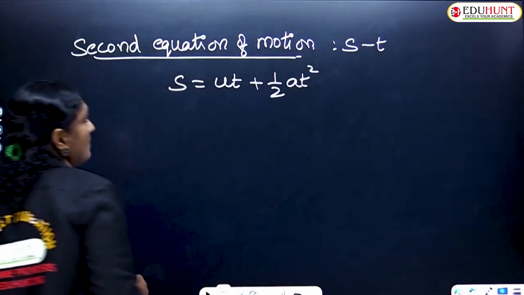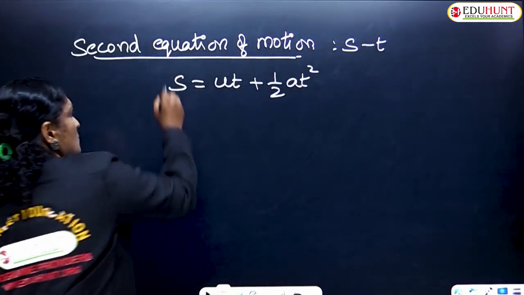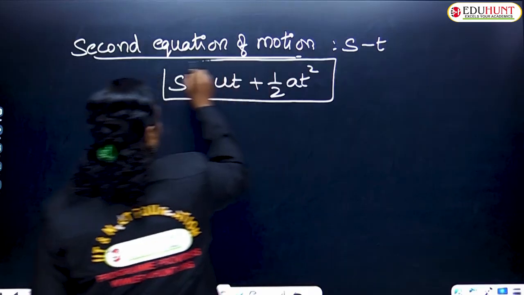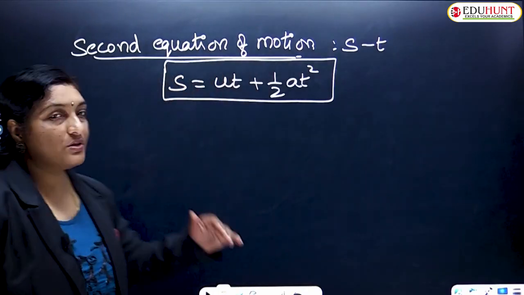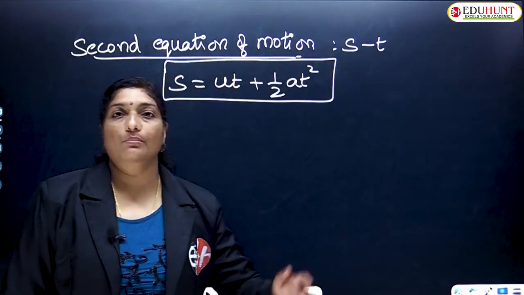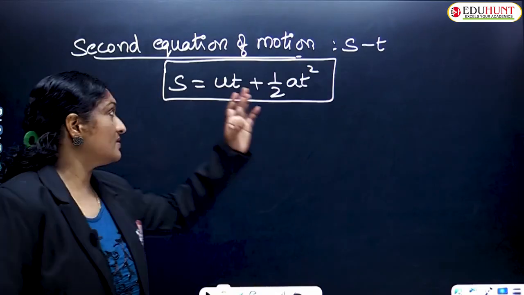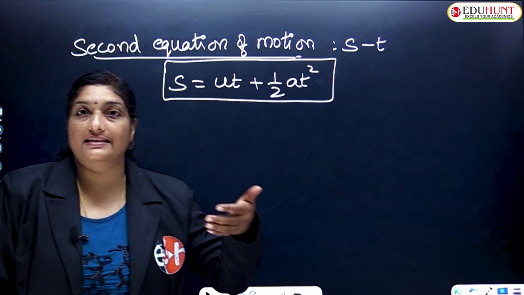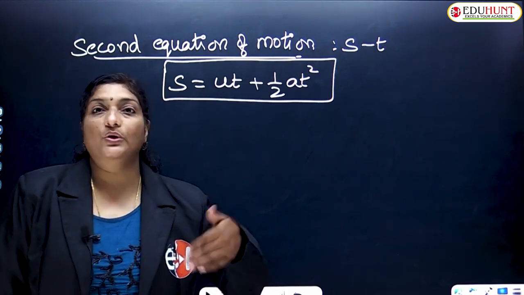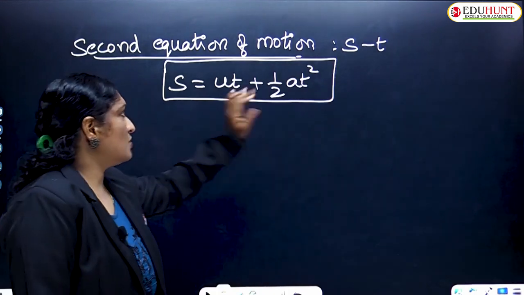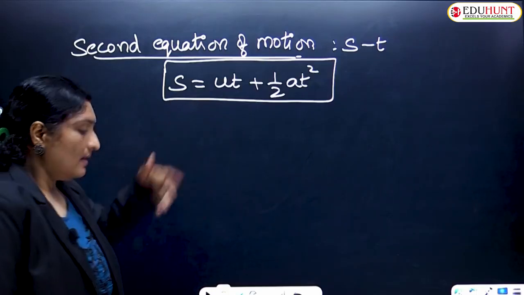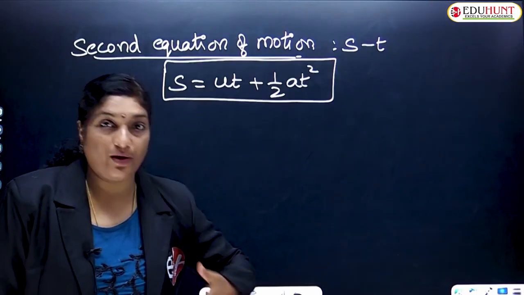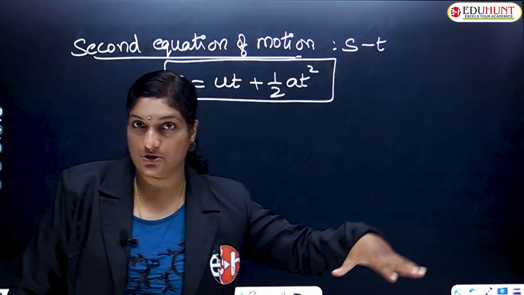So children, what is the formula? s is equal to ut plus half at square. Suppose you consider a body moving initially with velocity u, and it is uniformly accelerated for a time t, so its velocity changes to v.